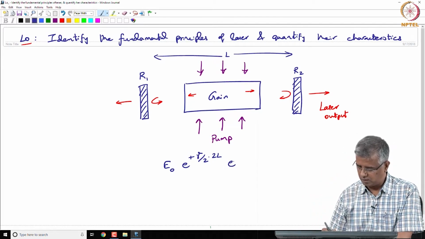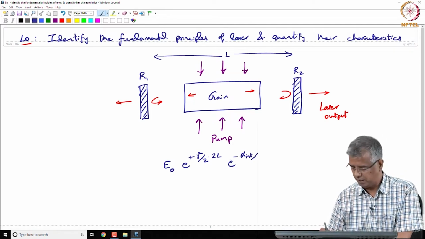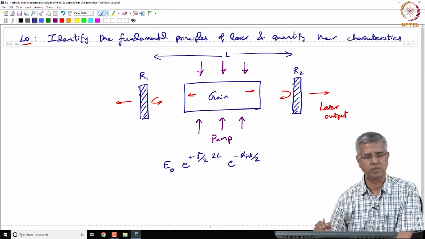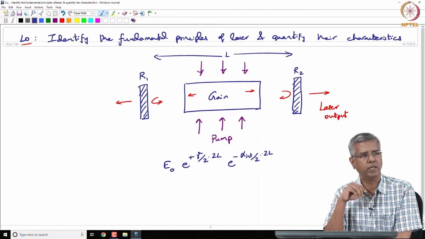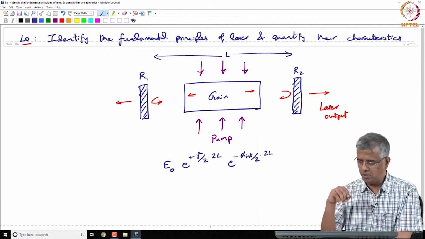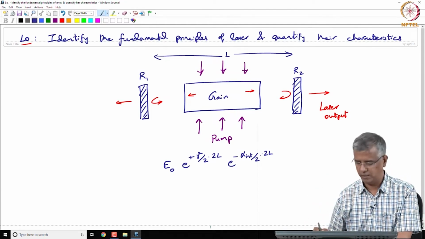That loss, I would call the loss coefficient alpha int, and once again, since we are tracking fields, I would say alpha int divided by 2 multiplied by 2L corresponds to all these background losses, and then you also have losses at the mirrors.